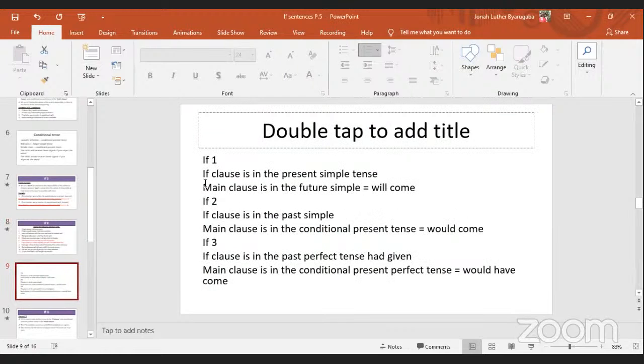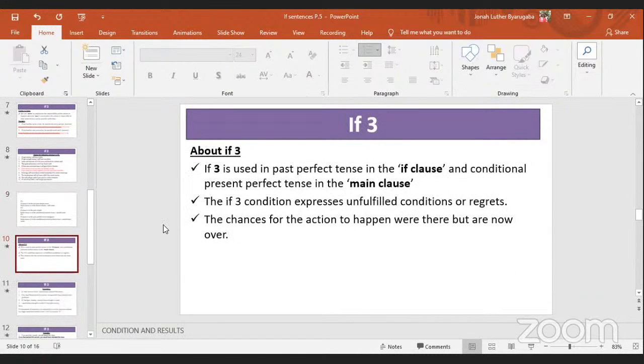So this is the summary. If 1, the if clause is in the present simple tense. The main clause is in the future simple tense, like will come. If 2, the if clause is in the past tense. And then the main clause is in the conditional present tense, which is would come, like that. So lastly, let me look at if 3, and I think that will be all for today.